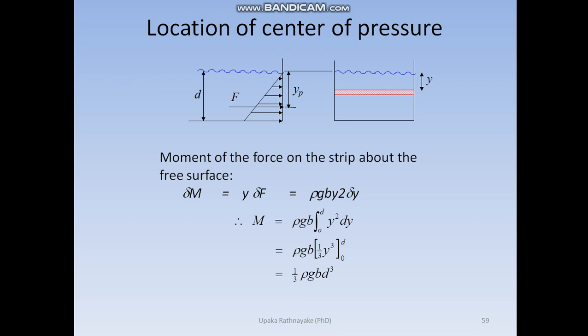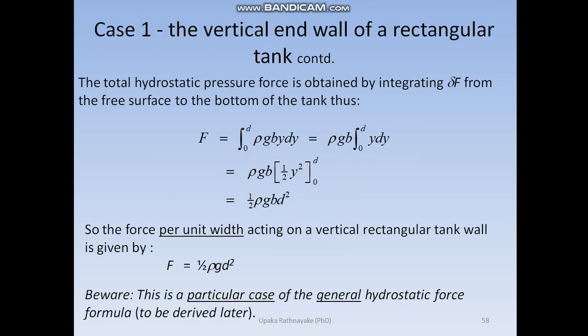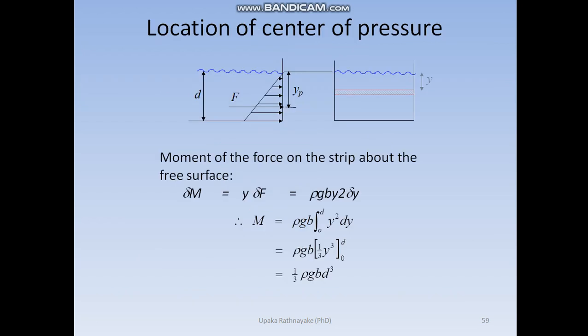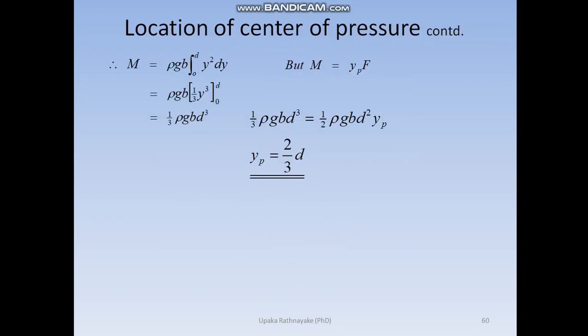And also we know the total force. So that particular force which we found from our previous study, that is half rho g B D squared, acting at a particular location has to be equal to the total moment. So we'll equate the two moments and we'll find that the location of this particular hydrostatic force is at 2/3 of the depth.